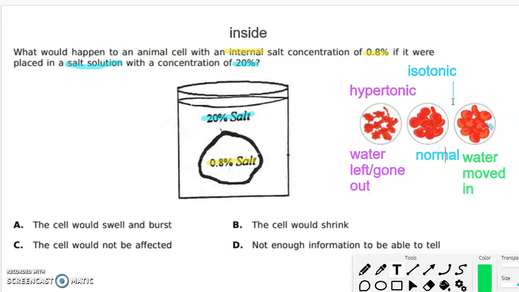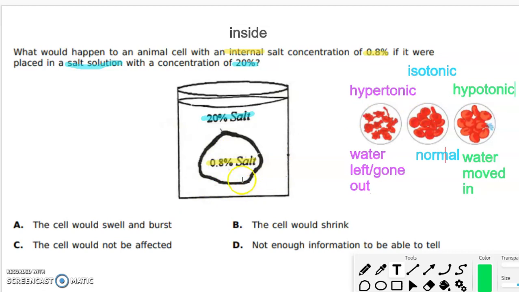Remember, that's going to be called hypotonic. Hypo sounds like hippo. Hippos are really fat. So in a hypotonic solution, our cells get fat, and the reason they get fat is because all the water moves in. So these are our three types of osmotic solutions when water moves.